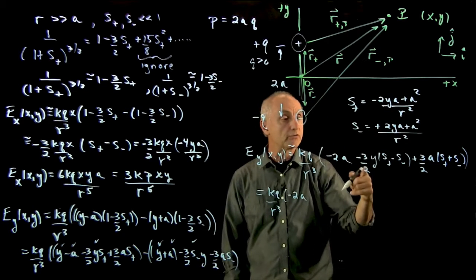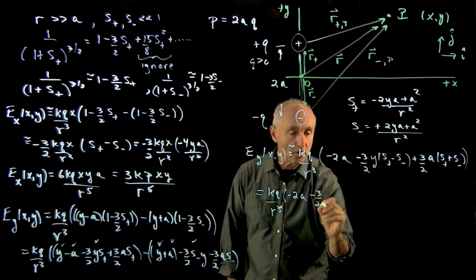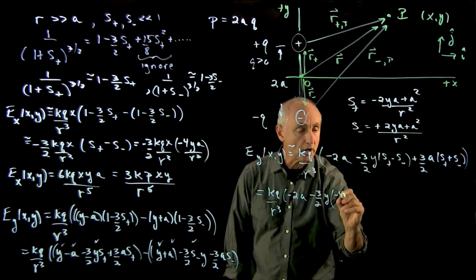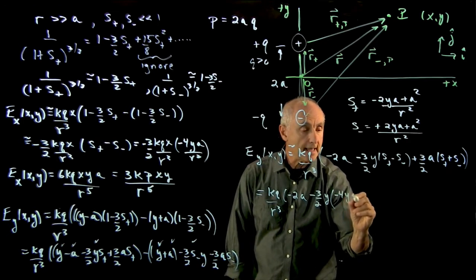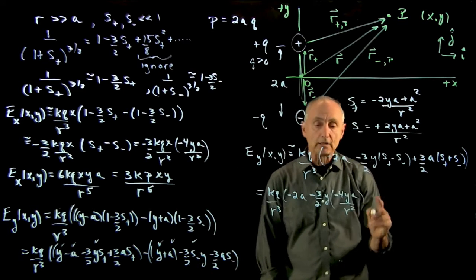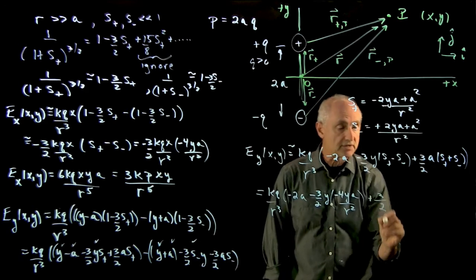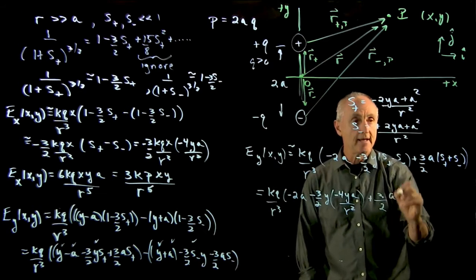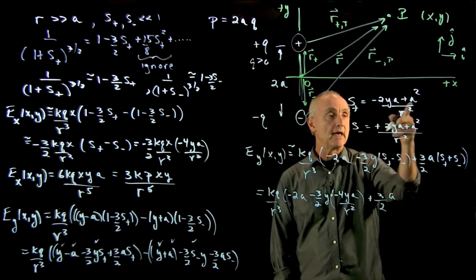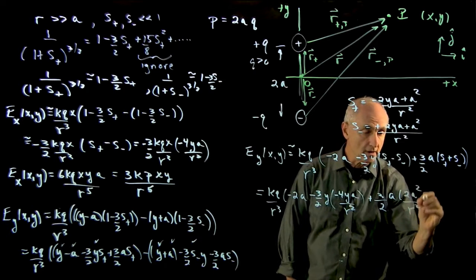That's a minus 4y over r squared. So we have minus 3/2 y times minus 4y a over r squared. And our last term is over here. That's plus 3/2 a. And when you add these together, these two terms cancel, and we get a factor of 2a squared over r squared.